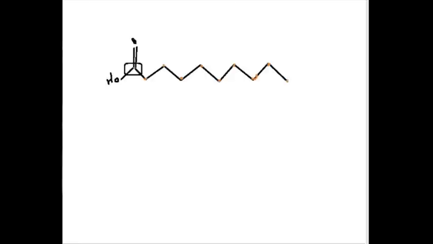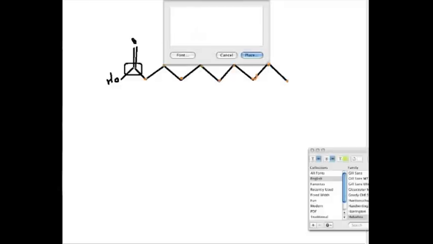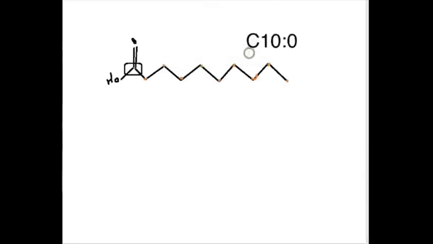In colon nomenclature, this one's going to be real simple. We have C10 colon 0. This is just the number of carbons, and the 0 is the number of double bonds. So there you go, C10 colon 0, real simple.